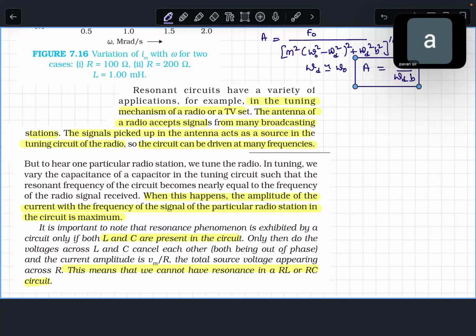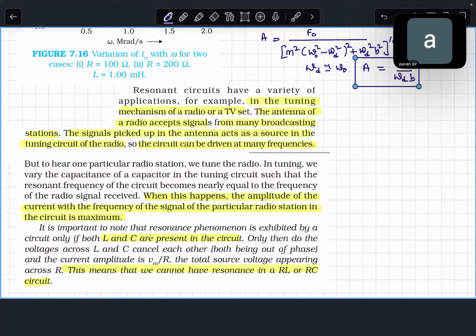It is important to note that the resonant phenomenon is strictly exhibited by the L and C combination only, not LR, not CR alone. That is the reason why when you asked about the capacitor, I said wait. When you asked about the inductor, I said wait. Now I am telling you, this is the use.